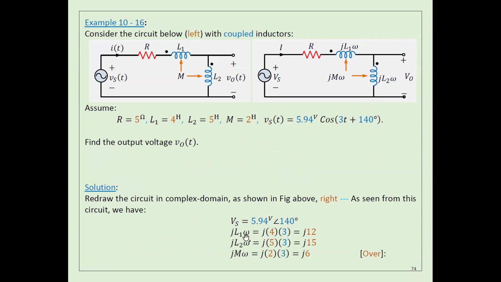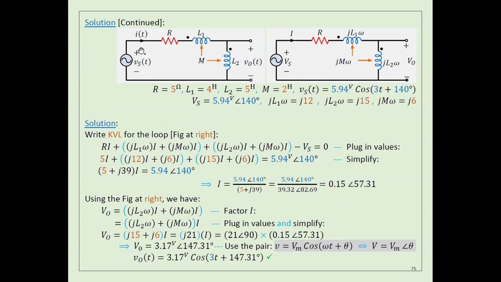Number two, I will need j omega L1, j omega L2, and j omega M. You have everything. Now, if I apply Kirchhoff's voltage law here, that means VS is equal to the voltage drop across R.